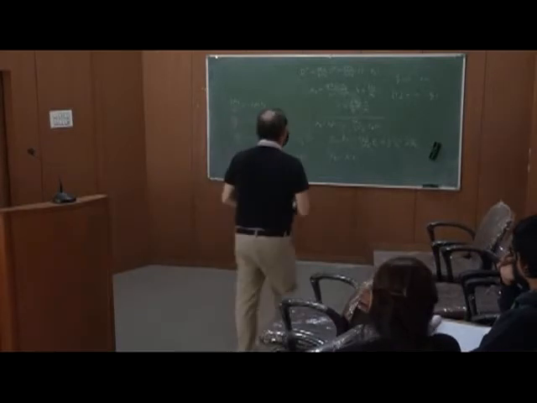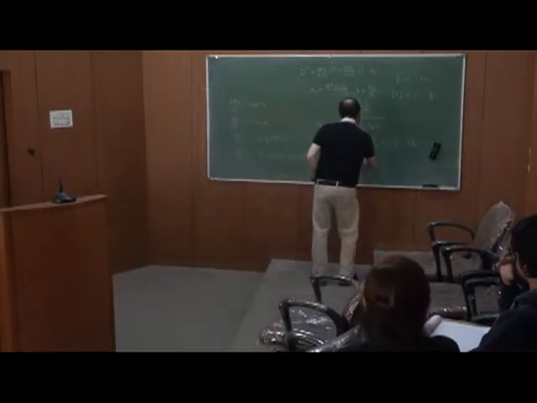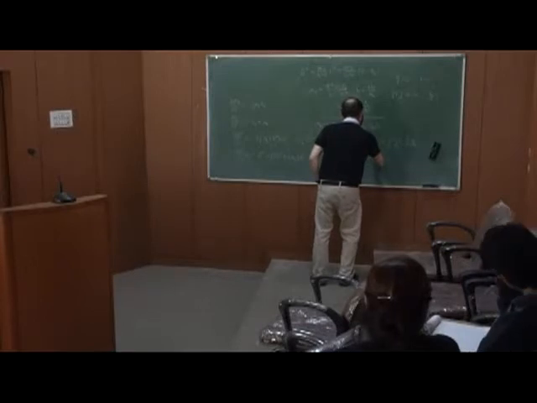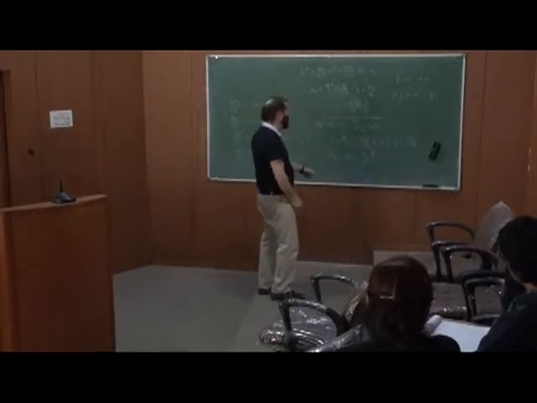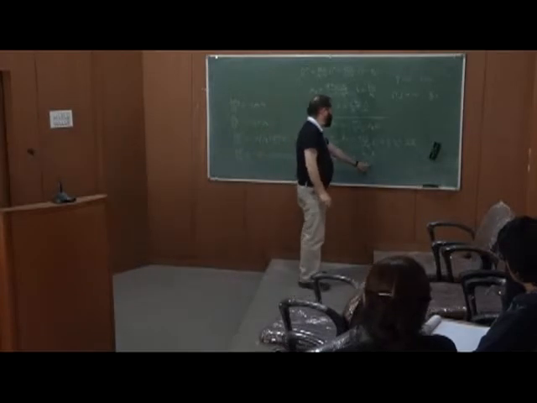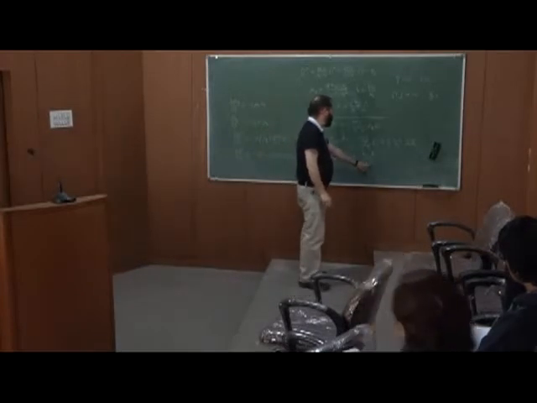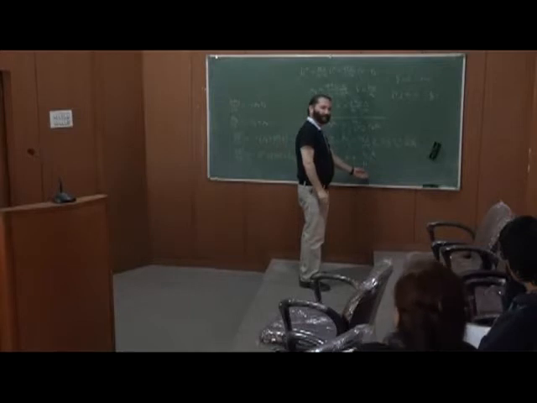A good choice is as follows. Let's take this to be the central value minus the background, divided by 1 plus r to the n. See? This is a good choice. Why? Because what happens when r goes to infinity? This whole thing vanishes.